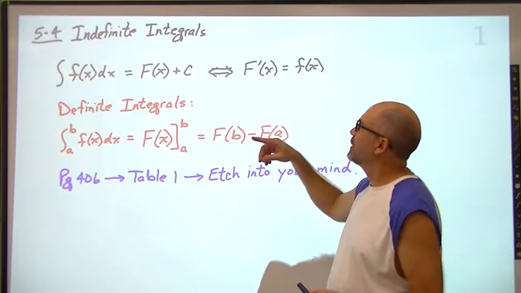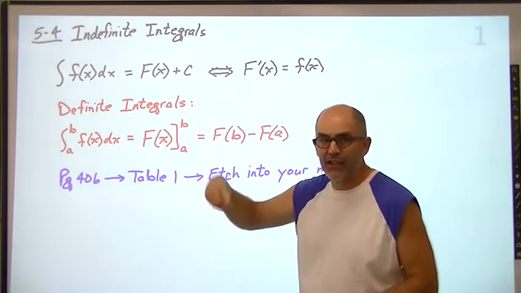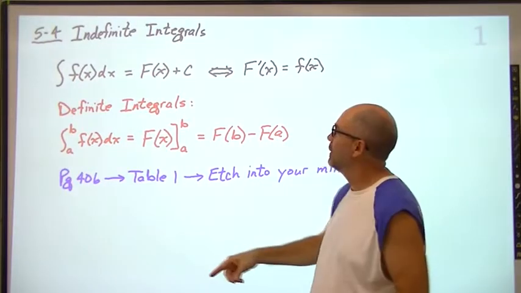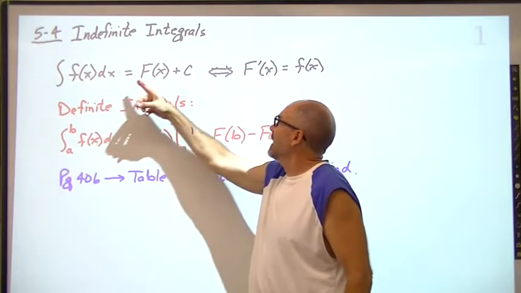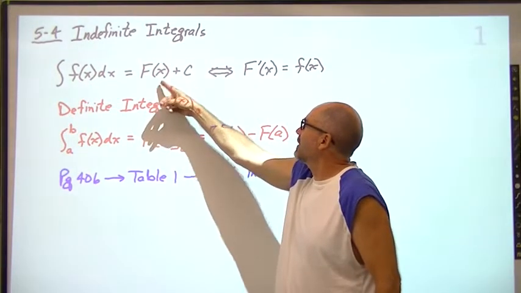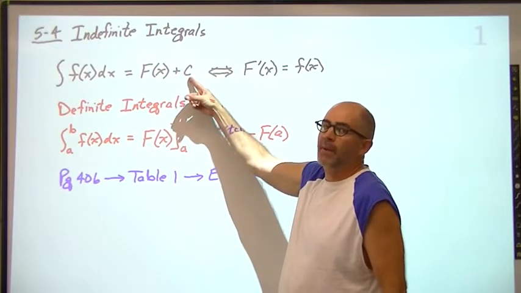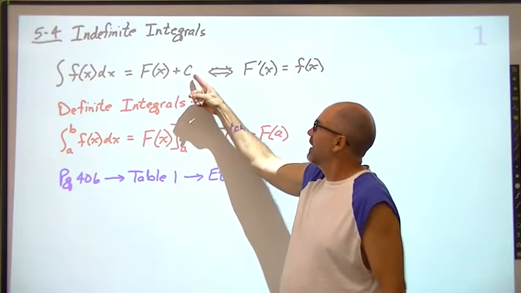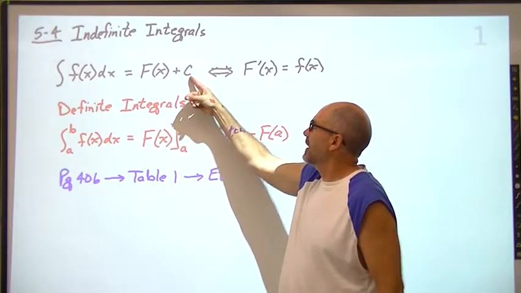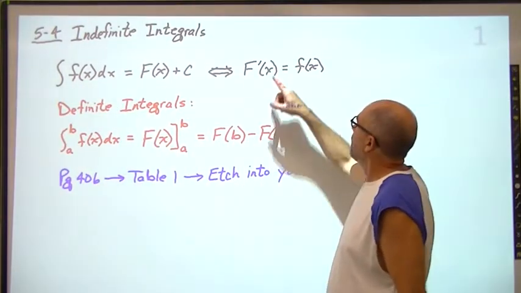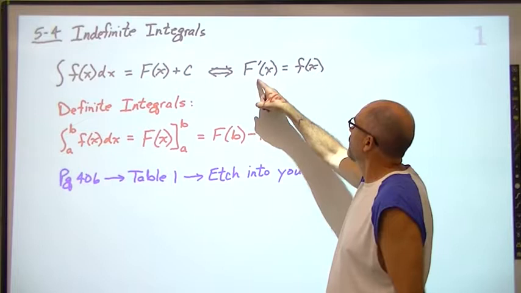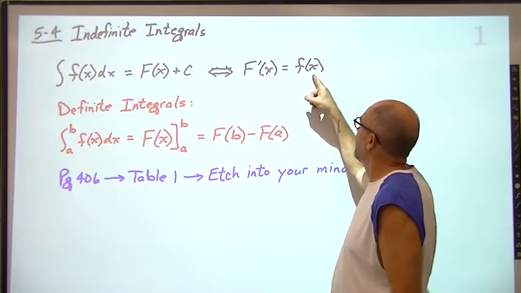We're really doing the antiderivative of a function. So, the integral of f of x dx is capital F of x plus c. Always remember, you need the plus the constant at the end of it whenever there's no limits of integration. And basically what that means is the derivative of capital F is small f.